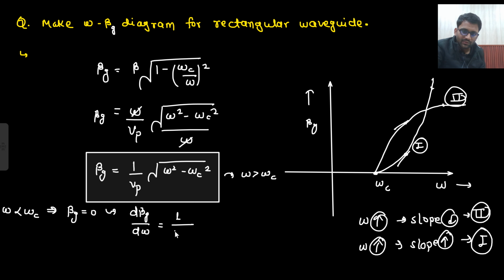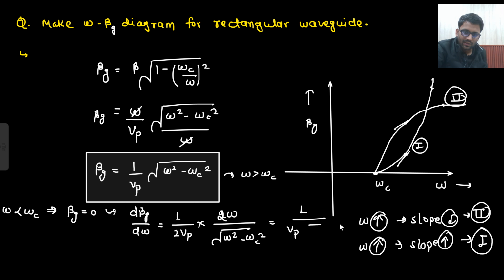What will you get? If you are calculating the slope, this is your 1 by 2. So 1 by 2 will come this side, and downward you will get under root omega minus omega c square, and here you will get 2 omega. So 2 and 2 get cancelled, omega can go downward. So what you are getting is 1 by Vp under root 1 minus omega c divided by omega, whole square.